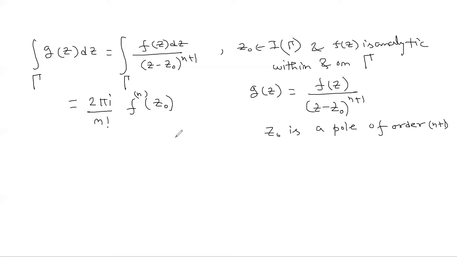So here we can see whenever the function g(z) has pole kind of isolated singularity inside gamma, then only we can apply Cauchy integral theorem. These kinds of restrictions are not there in Cauchy residue theorem. So Cauchy residue theorem is a generalization of Cauchy-Goursat theorem.